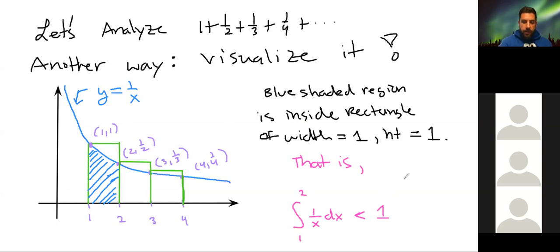So that is a very sophisticated way of writing that the blue region is less than the rectangle of area 1. Does anybody have a question?